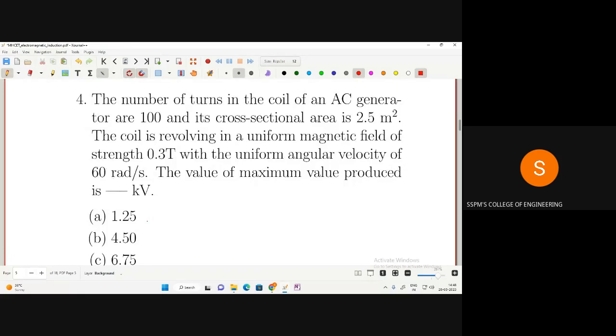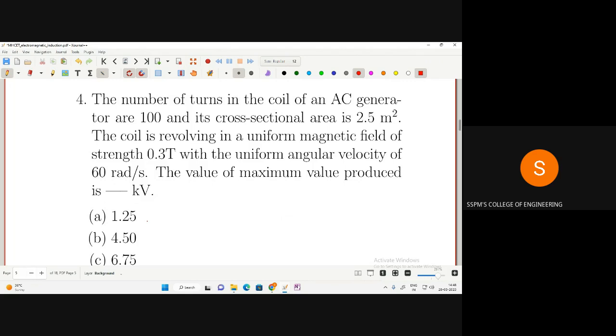In this example, the coil is given with N turns. The number of turns in the coil of an AC generator is 100. The cross-sectional area of the coil is 2.5 meters square.